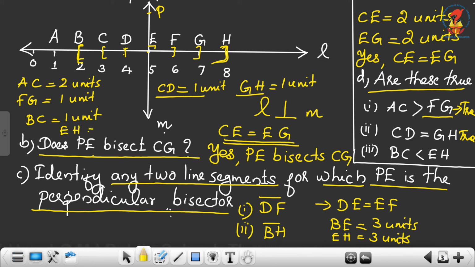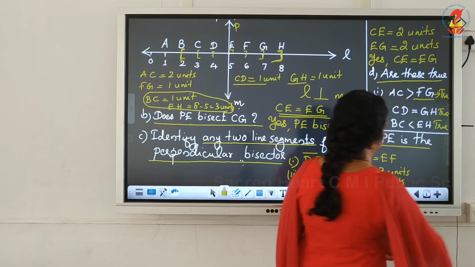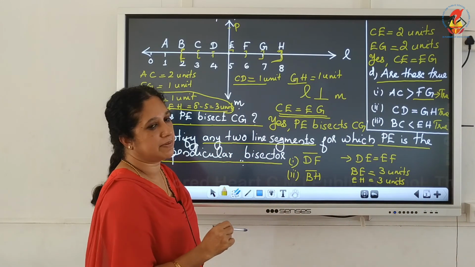Therefore, EH is equal to 8 minus 5, which is equal to 3 units. Now, BC less than EH. BC is 1 unit, EH is 3 units. Therefore, we can say that length of BC is less than EH. So this one is also a true statement. So all the 3 statements are true.